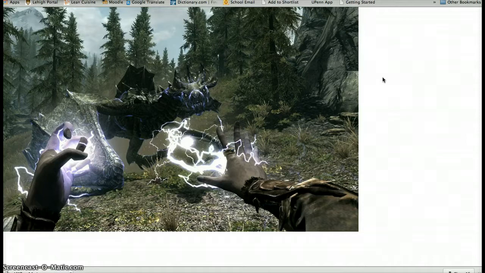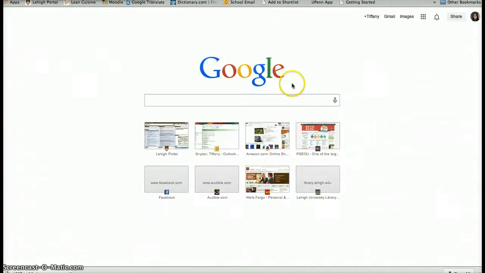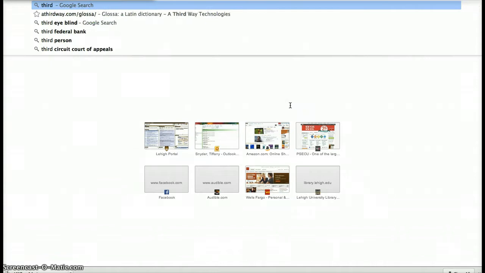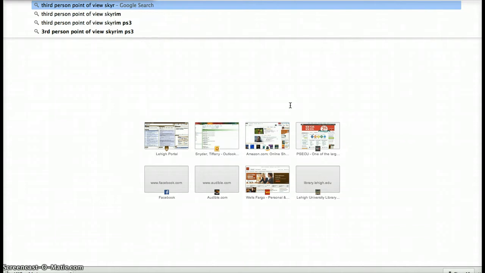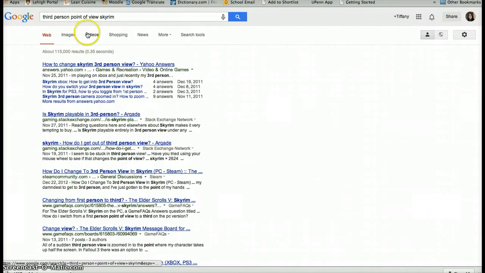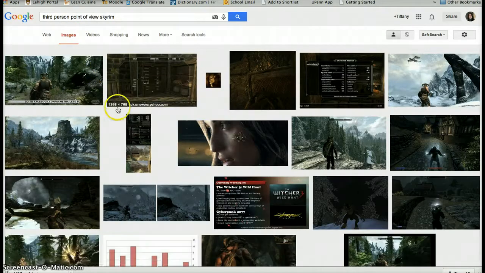Now, third person perspective, I can't imagine that pops up very much, but let's see what pops up. Probably a lot of weapons.